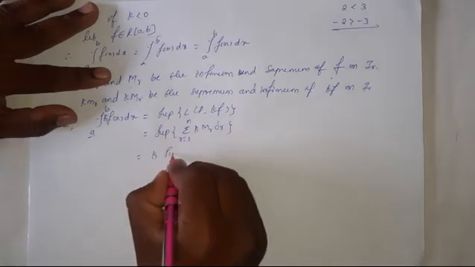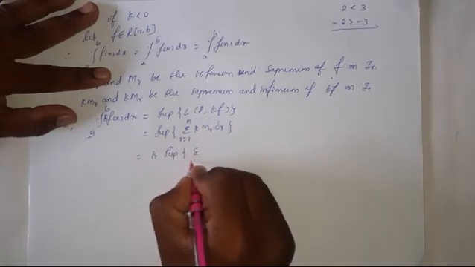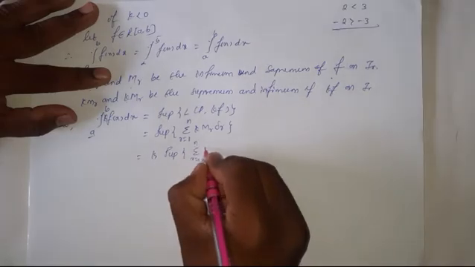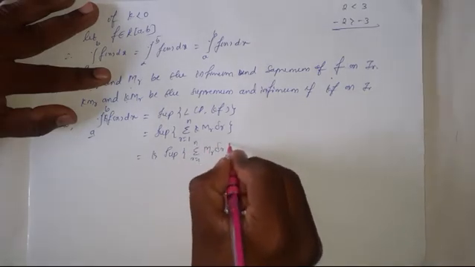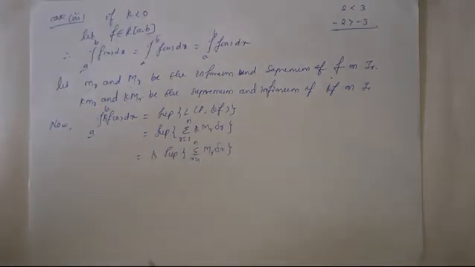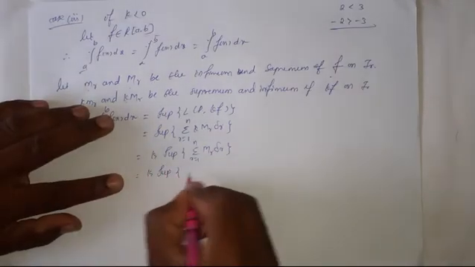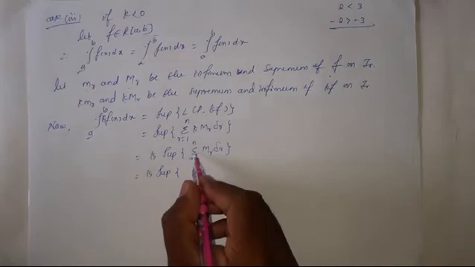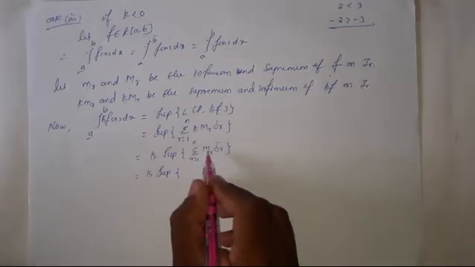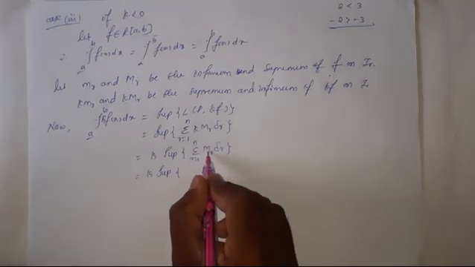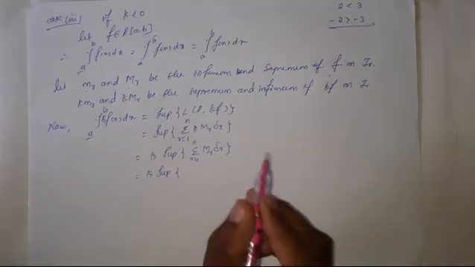So therefore this becomes k into the supremum of summation over r is equal to 1 to n of capital Mr into delta r. Now this capital Mr is the supremum of the function f.